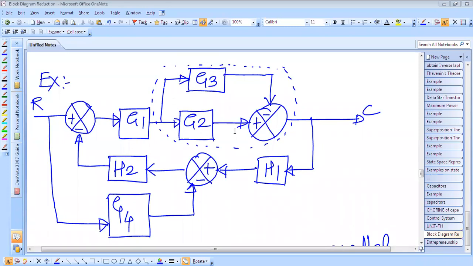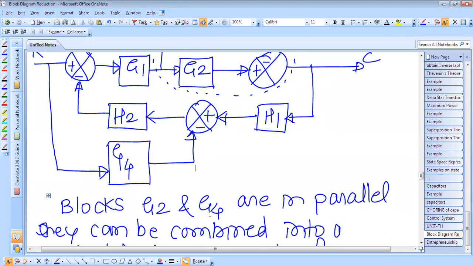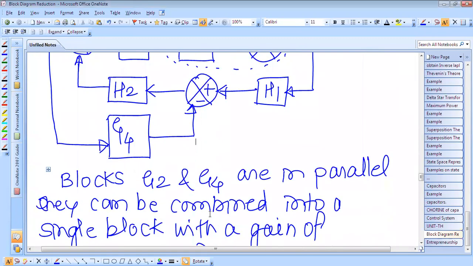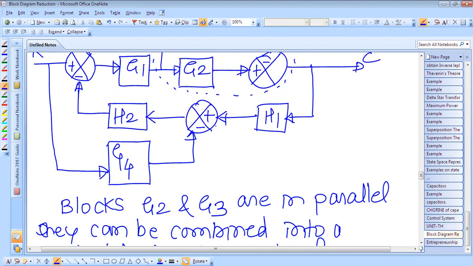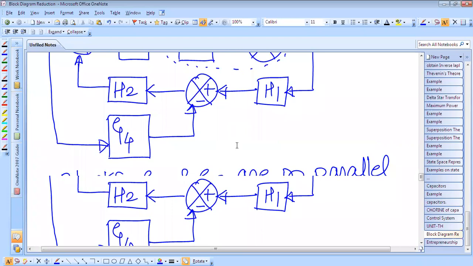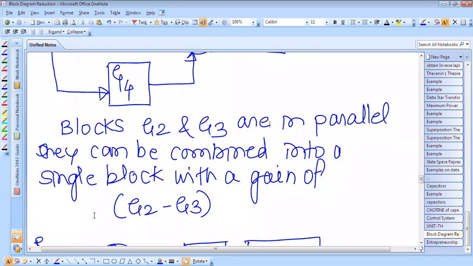These two blocks, G2 and G3, are in parallel, and therefore they can be combined into a single block.